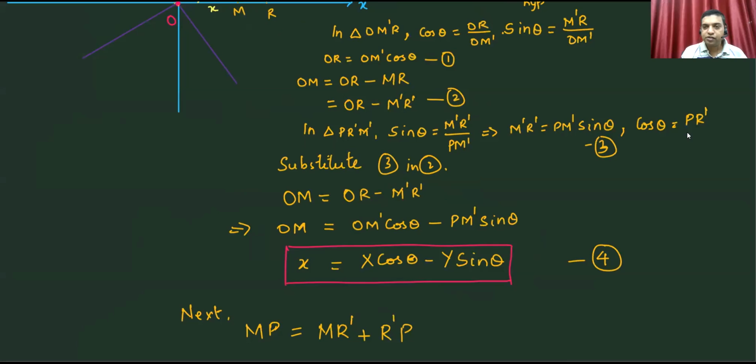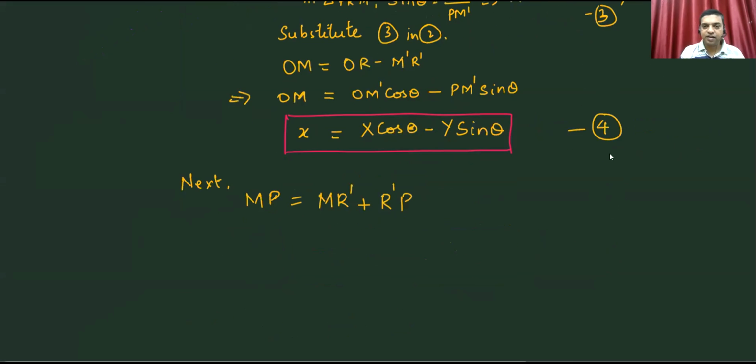PR' upon PM'. Okay, so from here, PR' is PM' cos theta. So or RP. So from 1 and 2, this MP is y, small y.